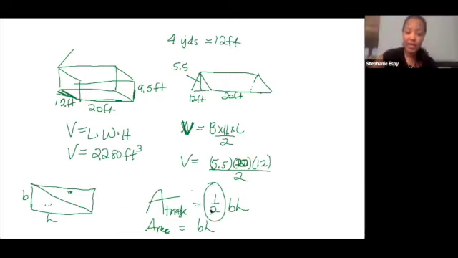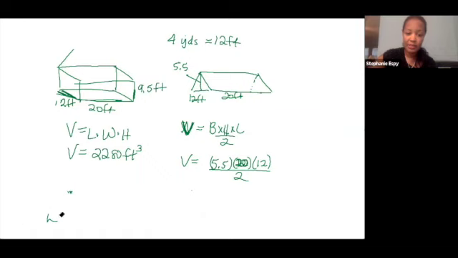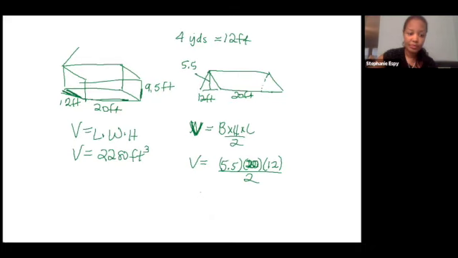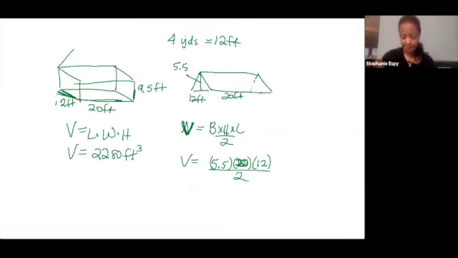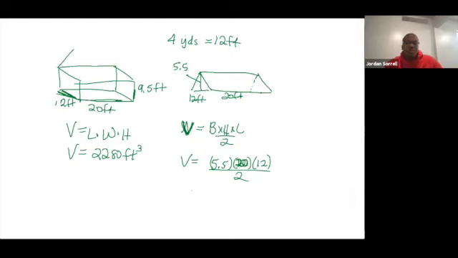All right, so now, what is the volume of this triangular prism? Tell me what you got. 660 cubed.